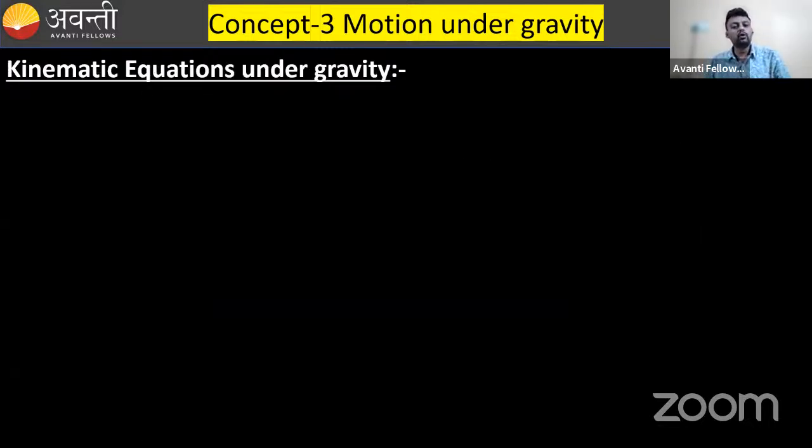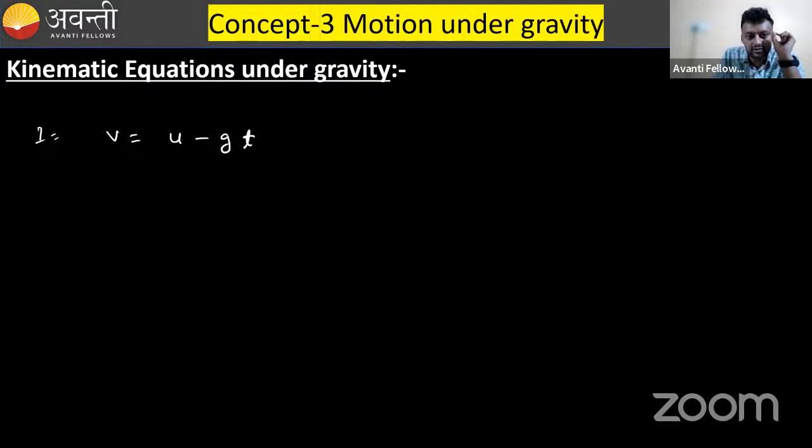How will the kinematic equations look in general? I am writing the general equations, not considering whether the particle is going upward or downward. The one thing to be sure of is that acceleration is always negative, so I have put a as minus g.